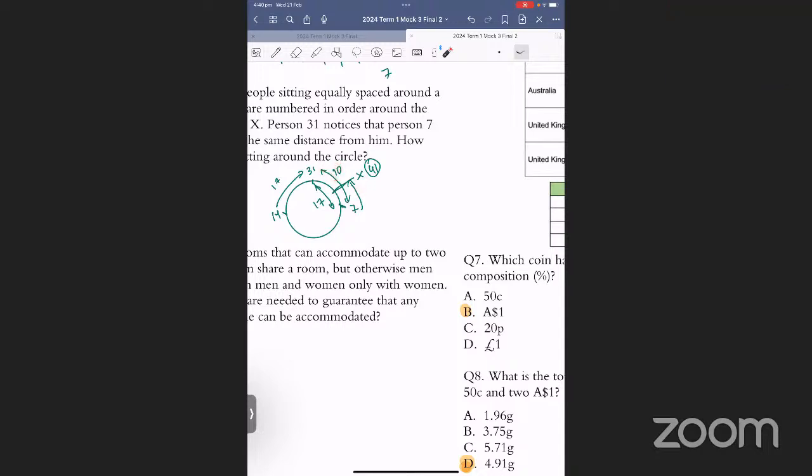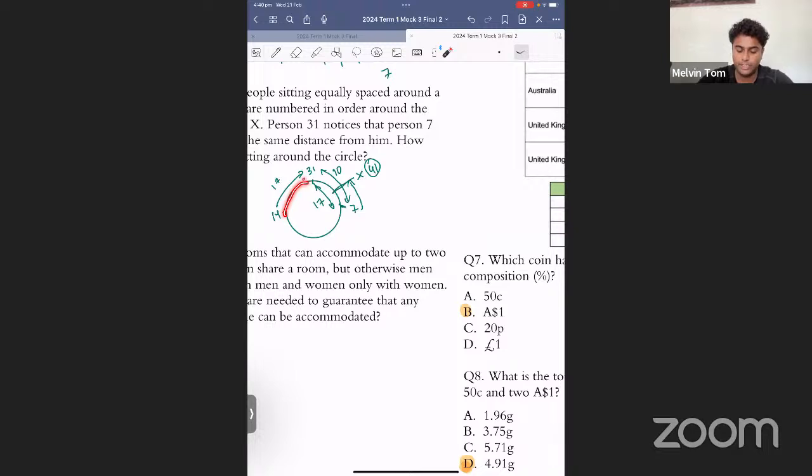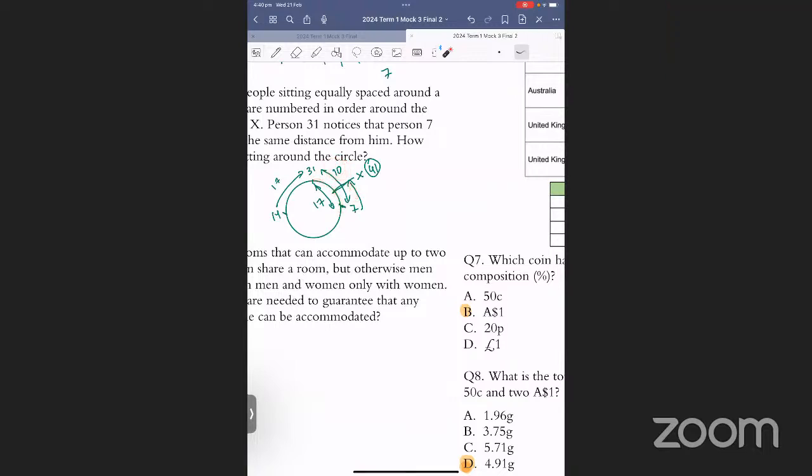I understood how you got 7, but I don't understand how you got 10. Okay, the question says that the distance between 14 and 31 is what? 17. Good. So that means the distance between 31 and 7 is also 17. So if this distance is 7, that means there must be another 10 here. Okay, thank you. Yeah, you're welcome.